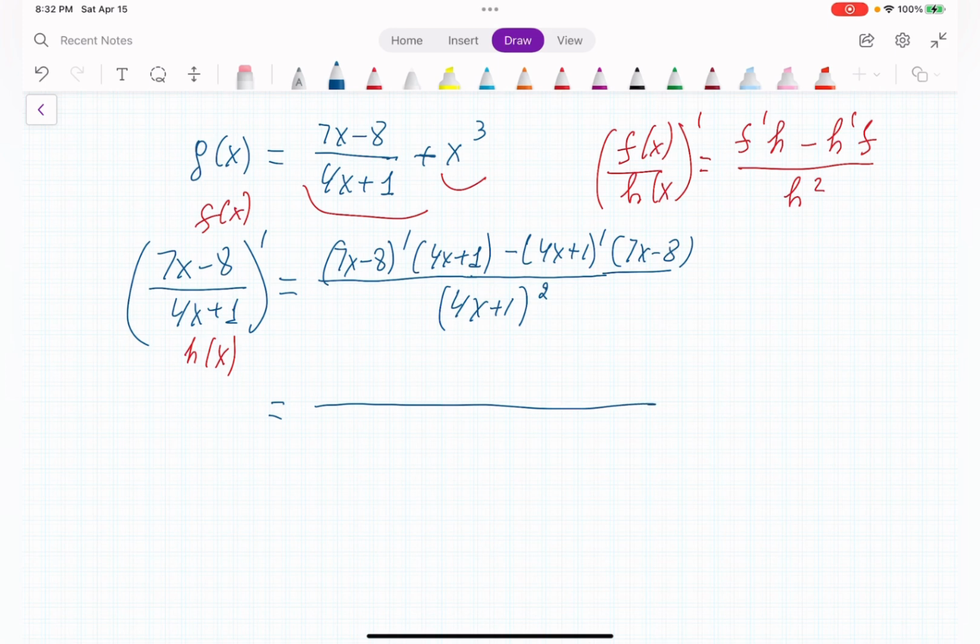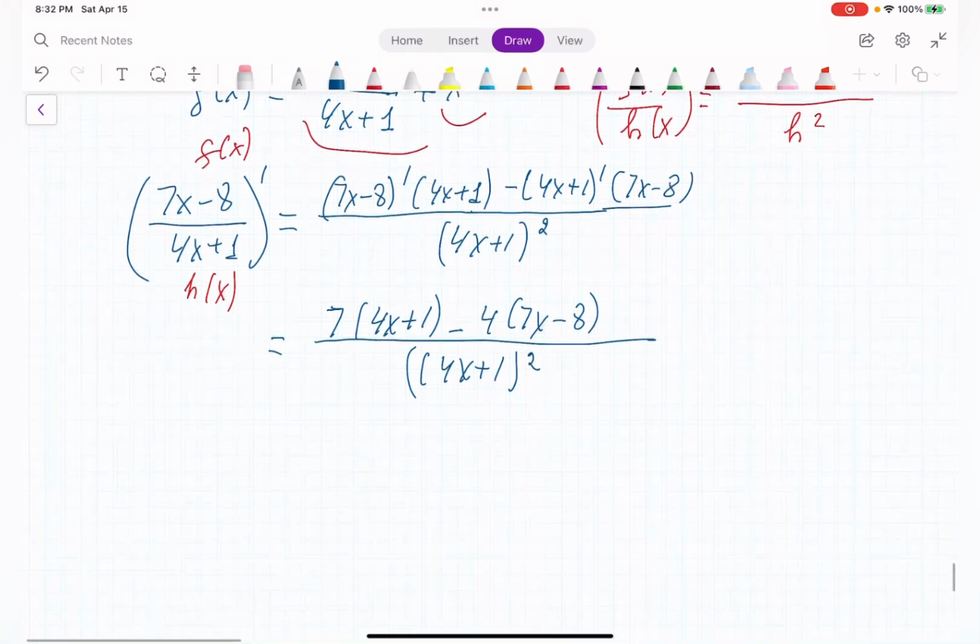So for 7x minus 8, the derivative of 7x is 7, the derivative of 8 is 0, and then times 4x plus 1. Minus the derivative of 4x plus 1: the derivative of 4x is 4, and the derivative of 1 is 0, times 7x minus 8, over 4x plus 1 squared.